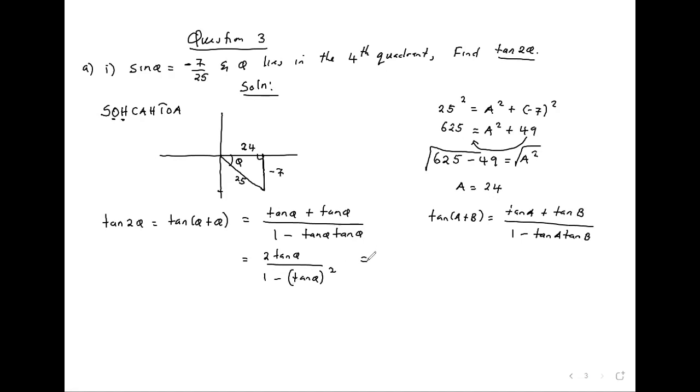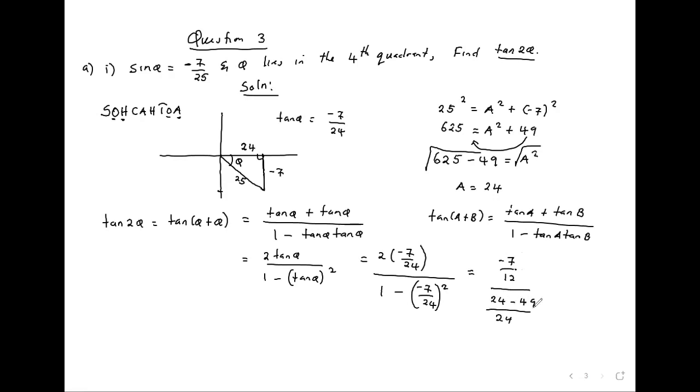So we need to get tan theta from the triangle. What is tan theta? Opposite over adjacent. Opposite is -7, adjacent is 24. So we'll have 2 times -7 over 24, over 1 minus (-7 over 24) squared. So we get -7 over 12, and then down we'll have 24 minus 49.